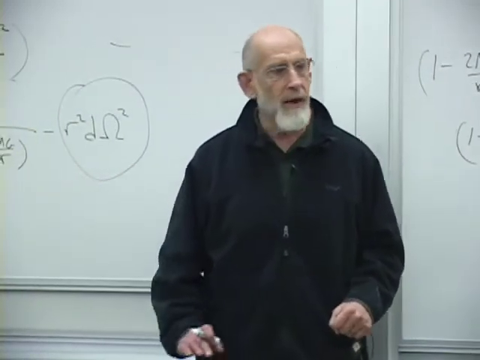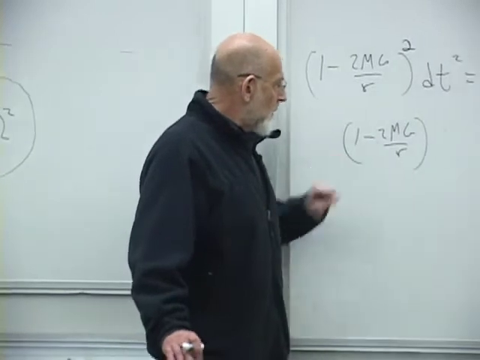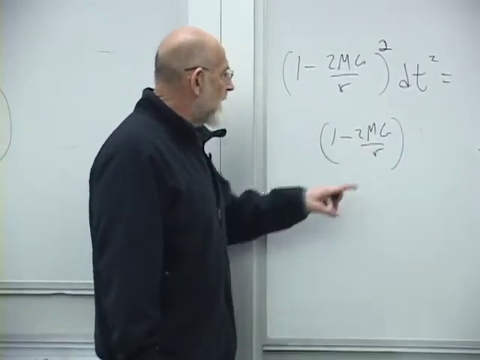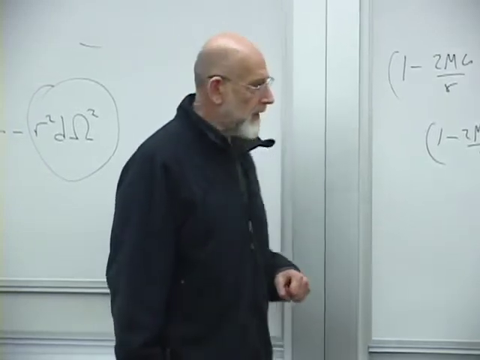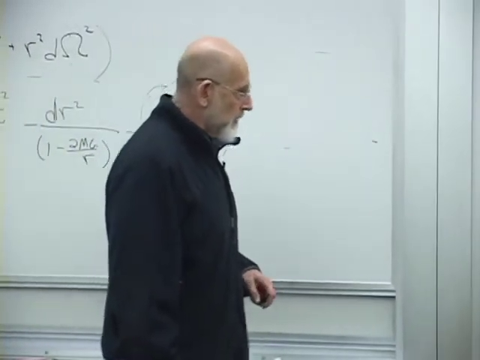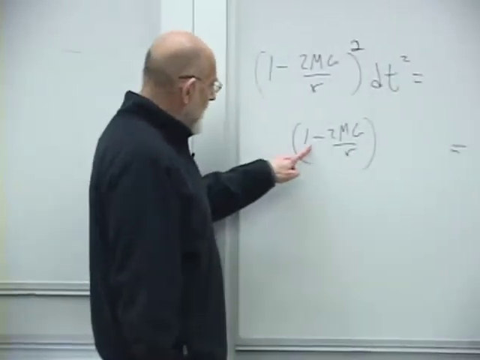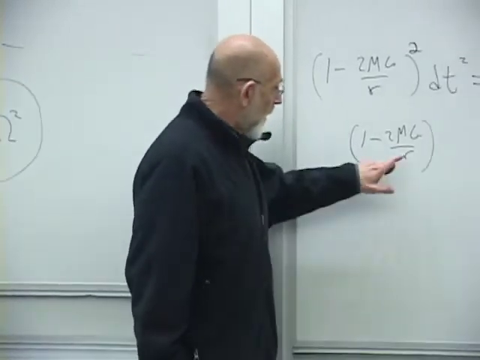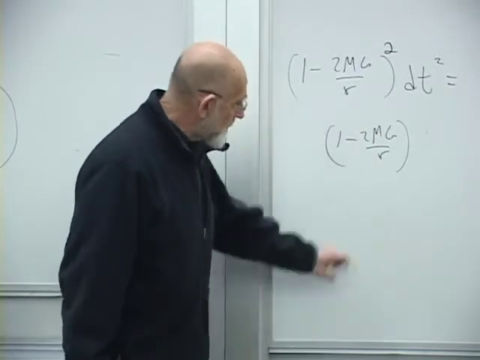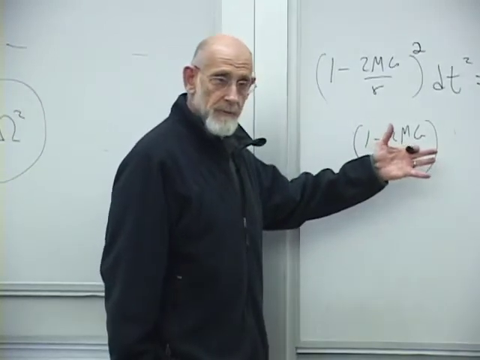As I said, far away, nothing unusual. But what happens when you get in very, very near the, let's not worry about the singularity tonight. Let's only worry about the horizon. At the horizon, 1 minus 2mg over r goes to 0. r becomes equal to 2mg at the horizon, and 1 minus 1 is 0.